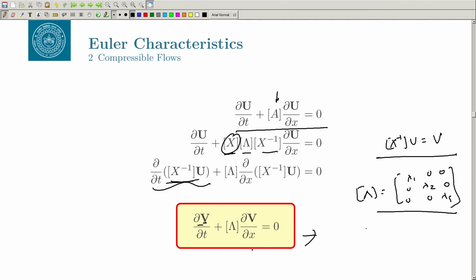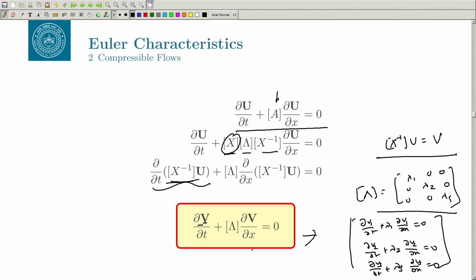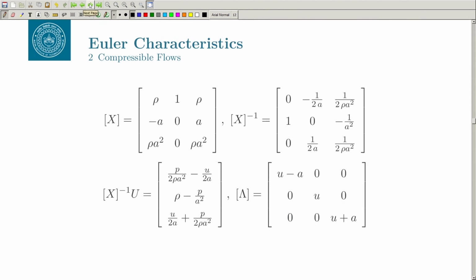So, you can write dv1 by dt plus lambda 1 dv1 by dx equal to 0, dv2 by dt plus lambda 2 dv2 by dx equal to 0, and so on, lambda 3 dv3 by dx equal to 0. So, what we learn here is that we have decoupled the equation. And what are the values of v? If you do X inverse u, this is the value of v.